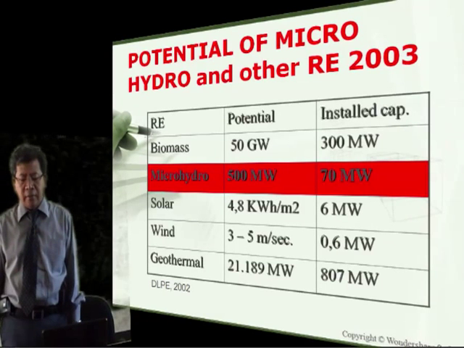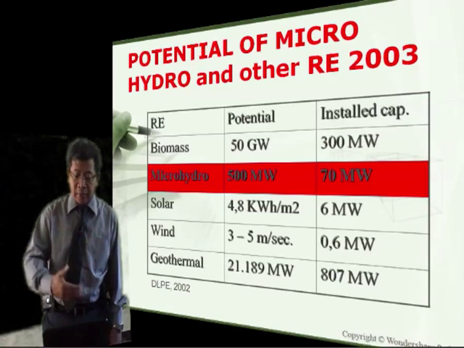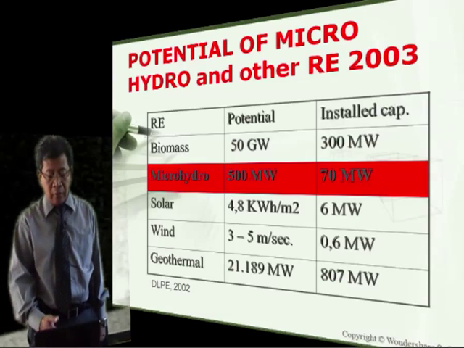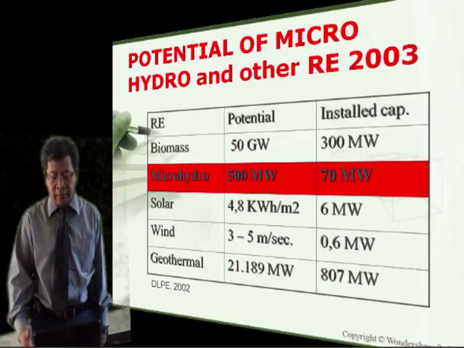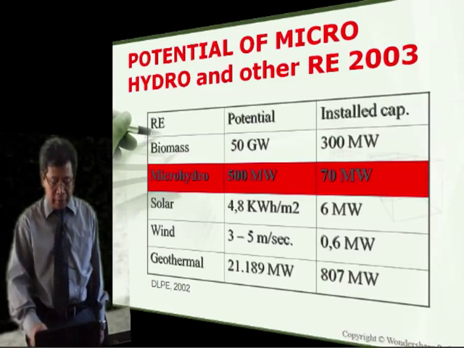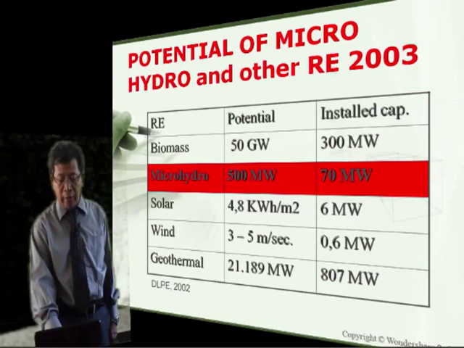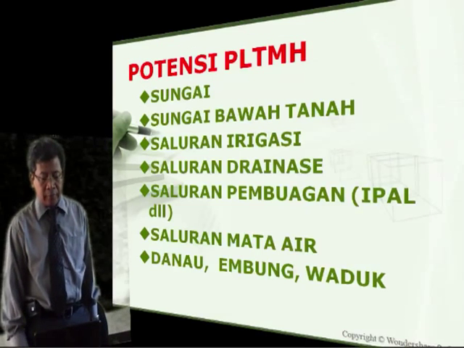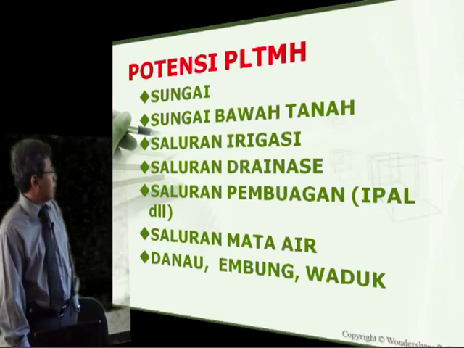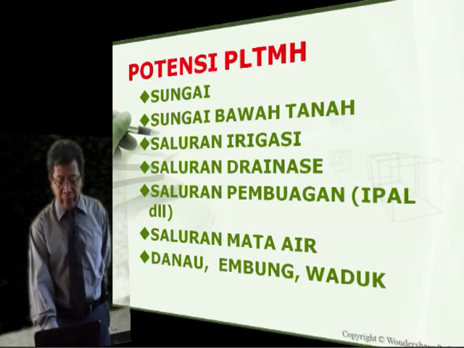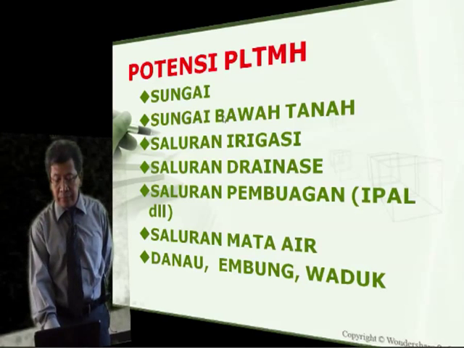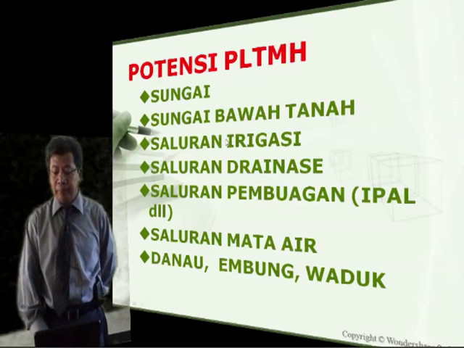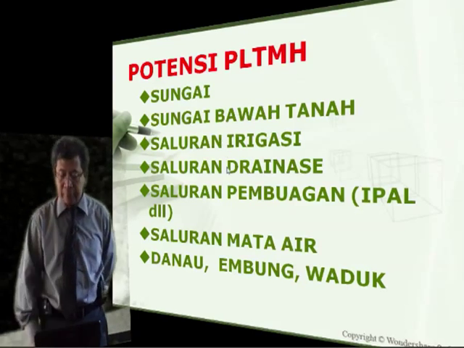I think if we always look for the potential in every district, every sub-district, every province and so on, then we can find more than 500 megawatt. The potential of microhydro can be in rivers, underground rivers, irrigation channels, drainage channels.